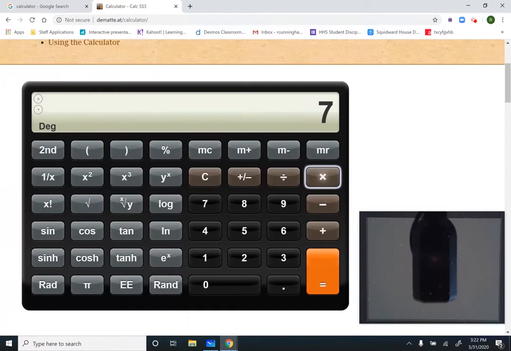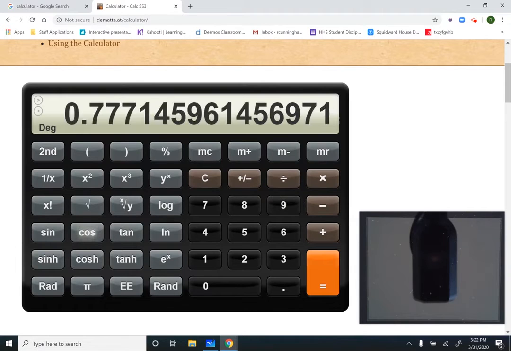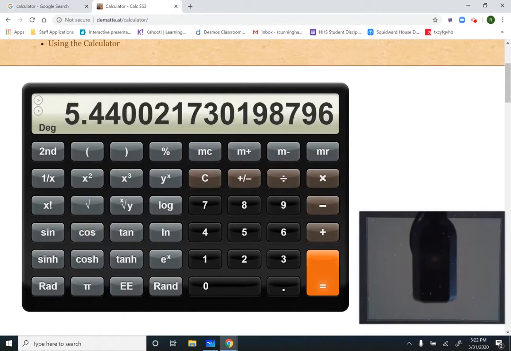Now be careful. You say 39 for 39 degrees. Then you hit cosine. Then you hit equals. When you hit cosine, it just calculated the cosine of 39 degrees. Then you hit equals and it does the multiplication. So we get 5.44.